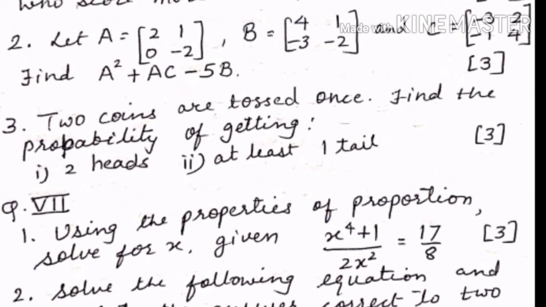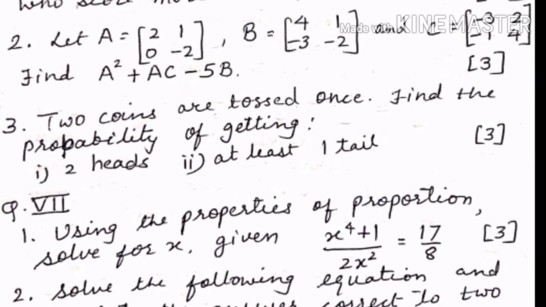Number 1. Using the properties of proportion, solve for x. Given question is x raised to 4 plus 1 upon 2x square is equal to 17 by 8. So here we will use our componendo and dividendo property, on the left hand side as well as on the right hand side.